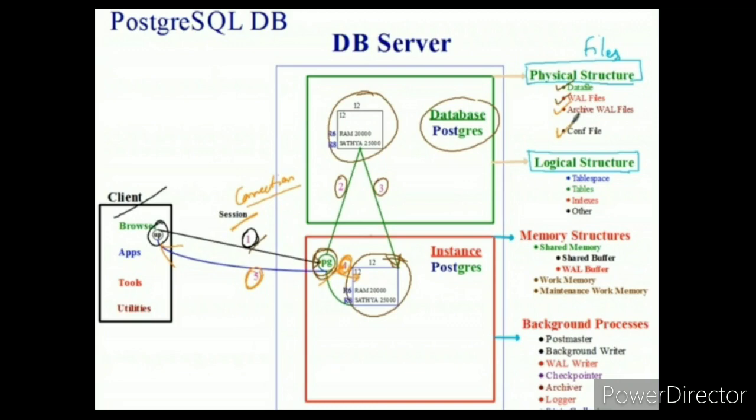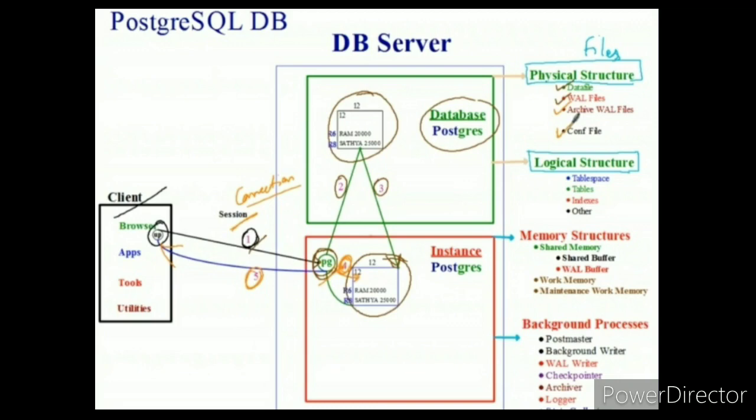In the logical structure, we have tablespaces and tables. Each database has an ID, which consists of tablespaces separately. Those tablespaces have VM and FSM files. VM in the sense of visibility map, and free space map.